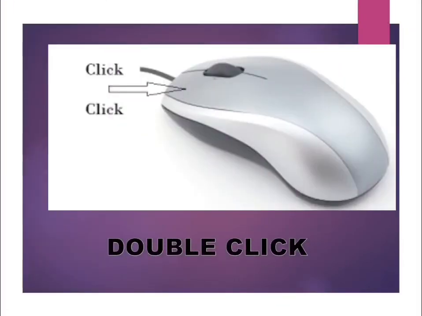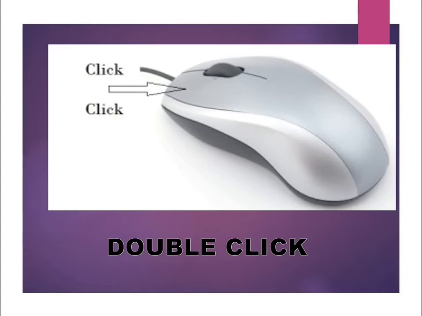Next is double click. Double clicking is defined as pressing the left mouse button twice quickly. If you don't press it quickly, then it would be two single clicks.